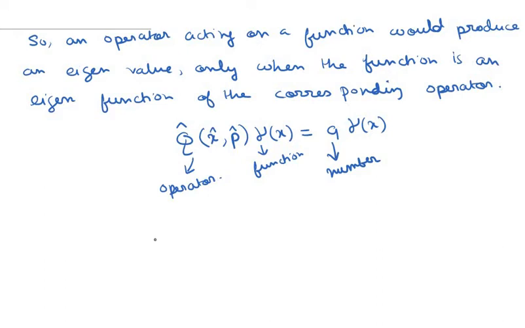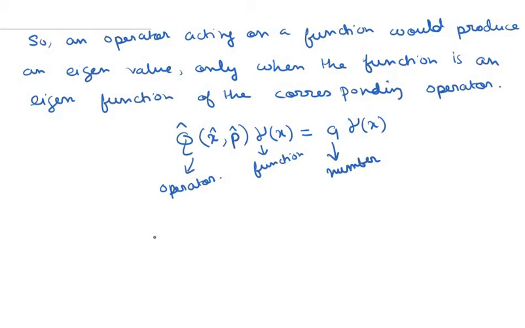Now in quantum mechanics, because we are generally talking about operators corresponding to observables, an observable means some quantity which we can measure. For example, the position, the momentum, the energy, these are all observables.